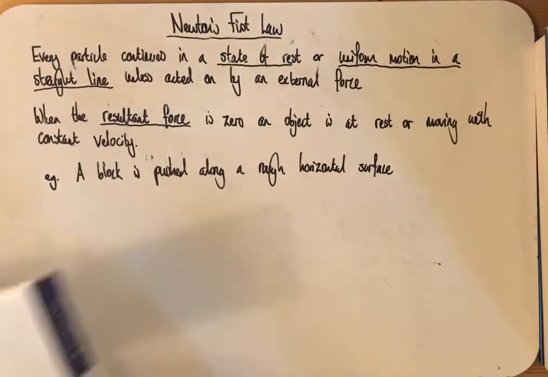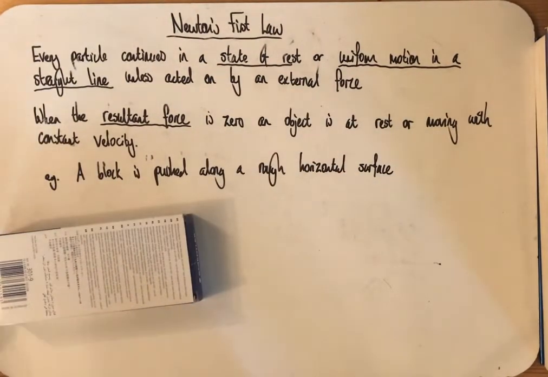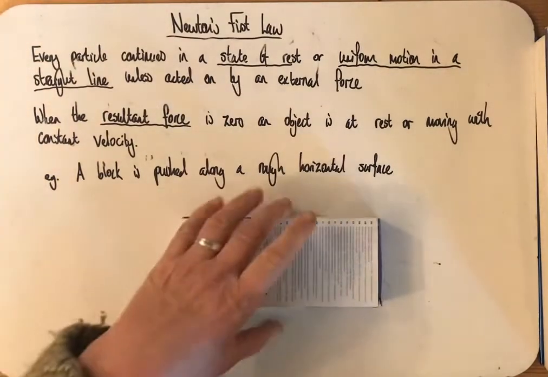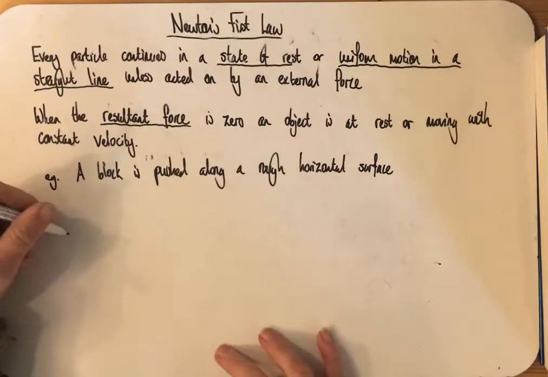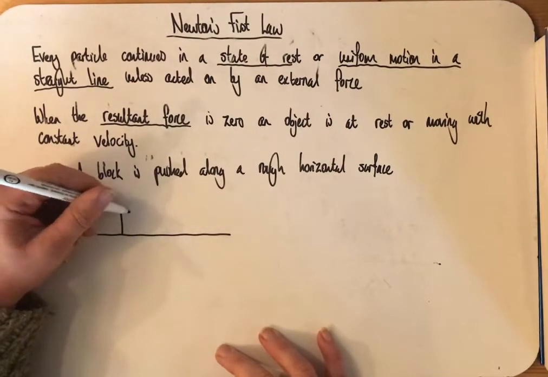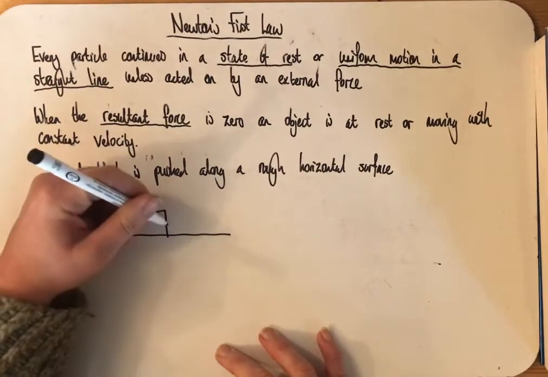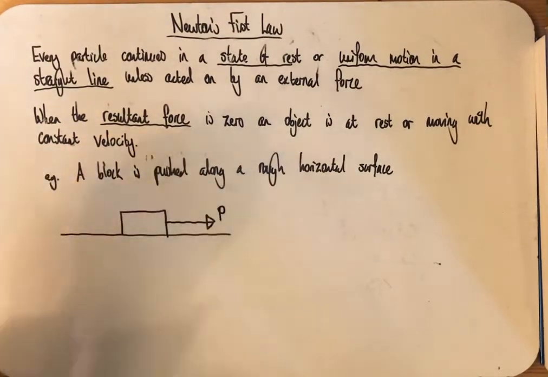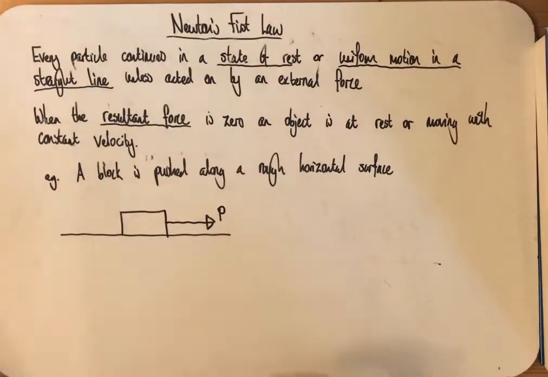So, trusty pen box again, we've just got a block that's been pushed along. If I draw a force diagram for that, then we've got this pushing force, which is causing some motion in this direction.